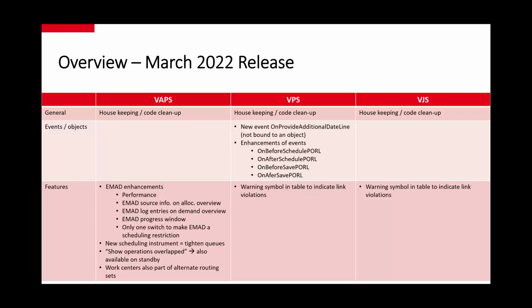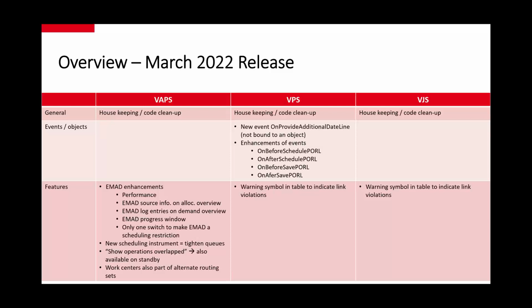We had, I think, 25 to 30% performance increase, so things go faster when you calculate the EMAT, which is quite interesting for people who have a big amount of data. If the amount of data is too big, we also recommend adding the EMAT calculation to your job queue.